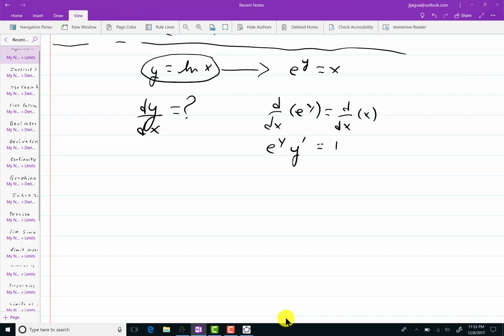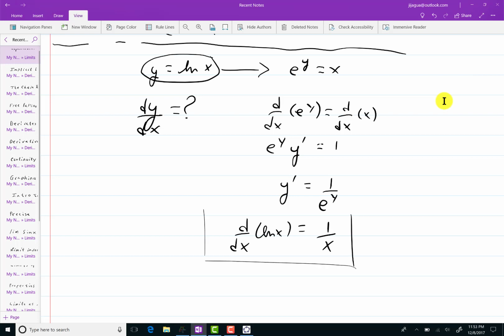And now I'll divide by e to the y and get y prime equals 1 over e to the y. But e to the y is equal to x. So I can replace e to the y with x. And so there's my derivative rule for the natural logarithm of x. The derivative is 1 over x.